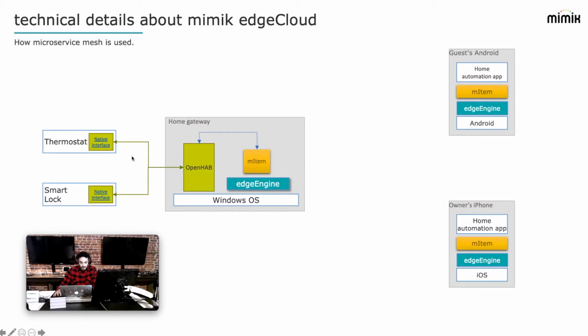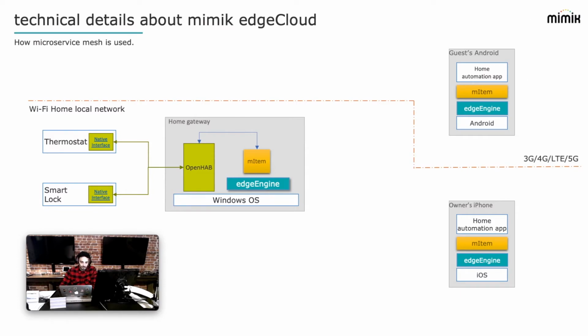OpenHAB is used to communicate with the native interfaces of the thermostat, and we can have another device like a smart lock. And from there, we can go and see the two different networks that we're in. So we have the home network below the dashed orange-red line, and above that we have 3G, 4G, LTE, and 5G, which is outside of the home network.